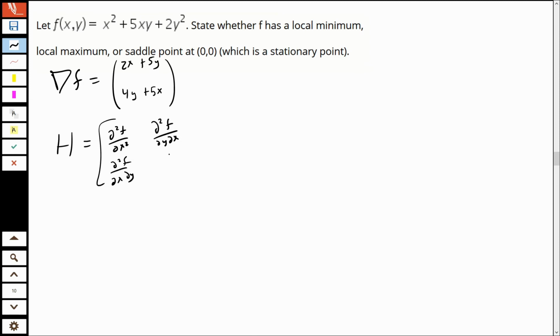I think I did those backwards. It doesn't matter, they're going to be the same value. So the derivative of the x derivative with respect to x is going to be 2. This is going to be 5, 5 because they have to be the same. And the derivative of this with respect to y, that's going to be 4.